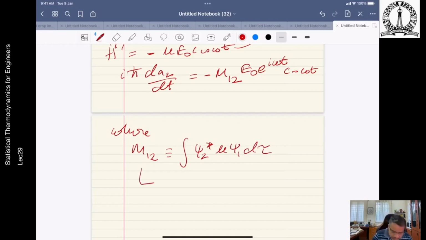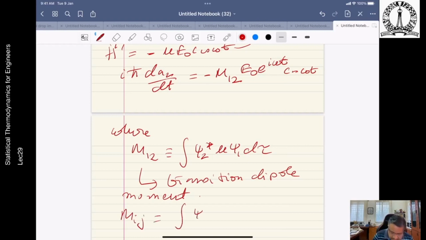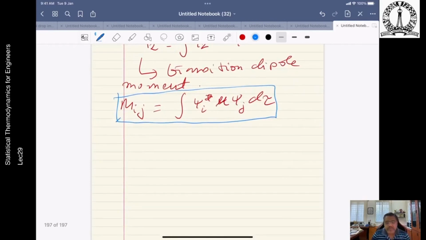This is called the transition dipole moment, which in a more general case we can write as Mij, the integral of chi i mu chi j.